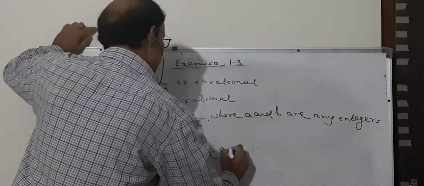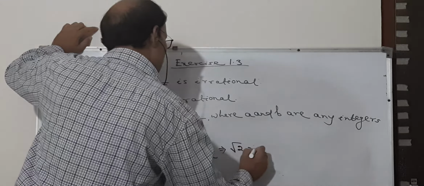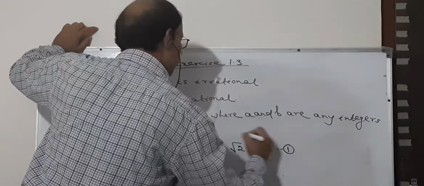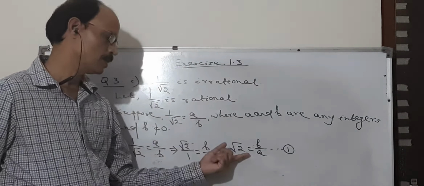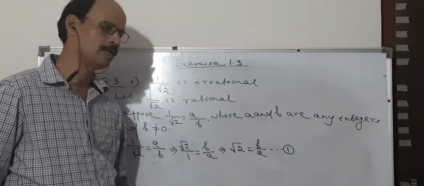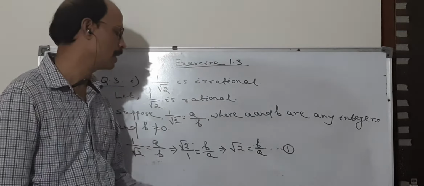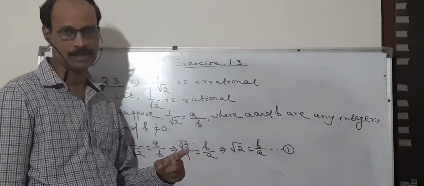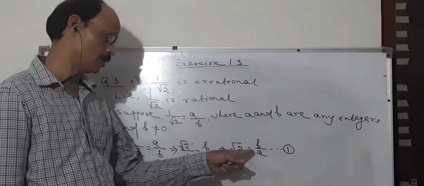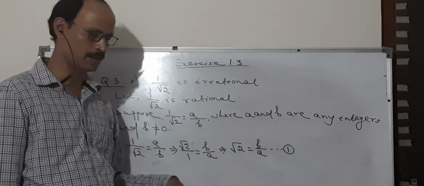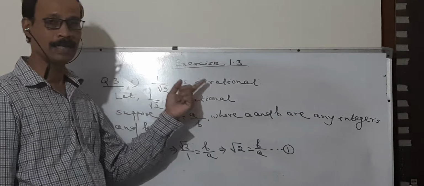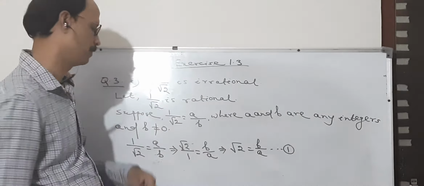So root 2 is equal to b upon a. It is equation 1. So in equation 1, b upon a is a rational number, whereas we already proved root 2 is irrational. It means equation 1 is not possible. So 1 upon root 2 is an irrational number.